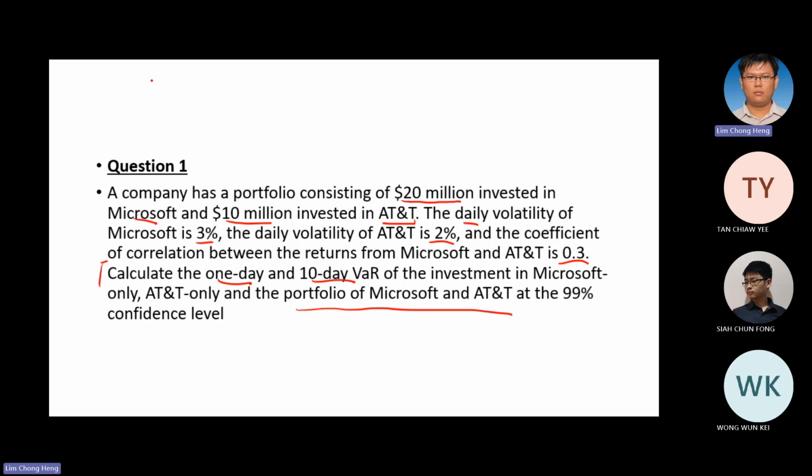So we don't have the portfolio volatility. For this question, we don't have the portfolio volatility, so we need to calculate it. Portfolio volatility is actually the portfolio standard deviation. In finance, we try to differentiate. Standard deviation is a statistical term. They don't care about the time value in the standard deviation.